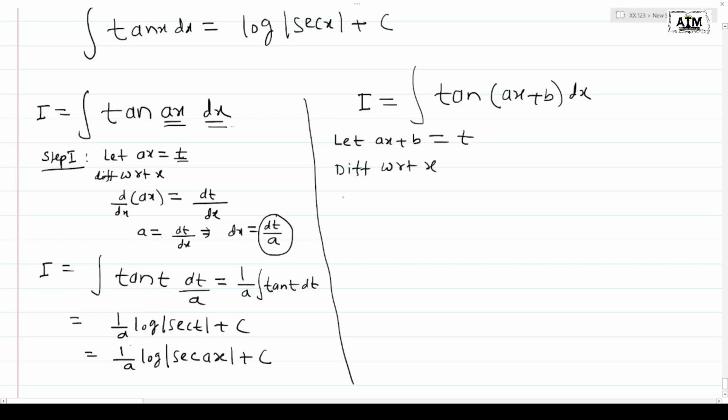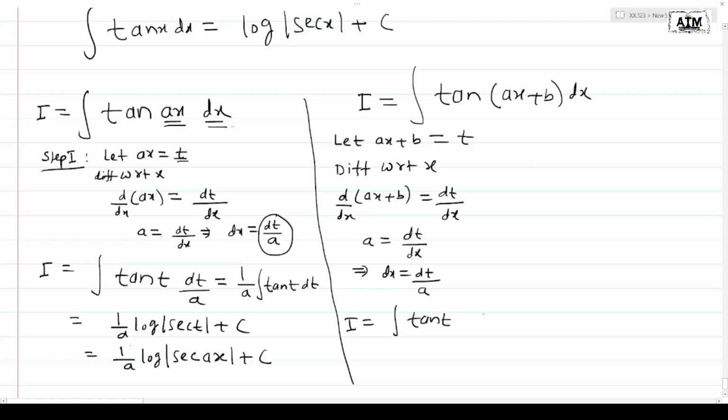So differentiation of ax plus b with respect to x equals dt by dx, differentiation of ax is a and differentiation of b is 0, a equals dt by dx implies dx equals dt upon a. Now therefore I equals integration tan, now ax plus b is replaced by t and dx is replaced by dt upon a.